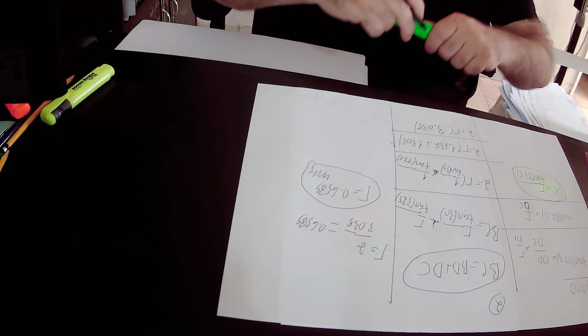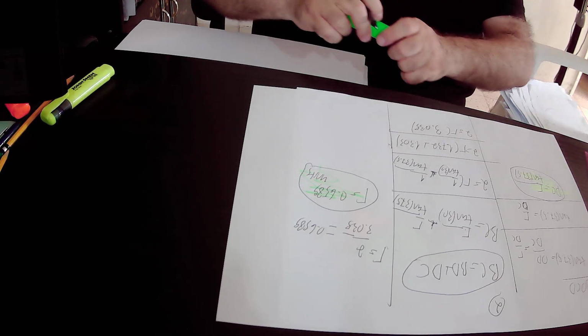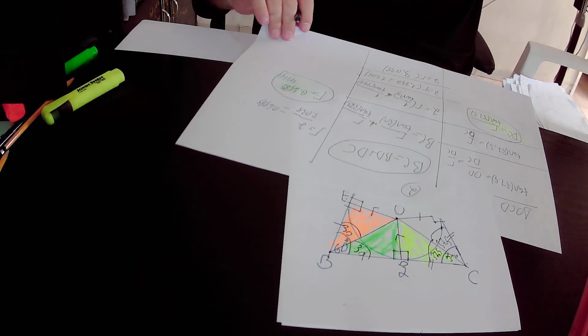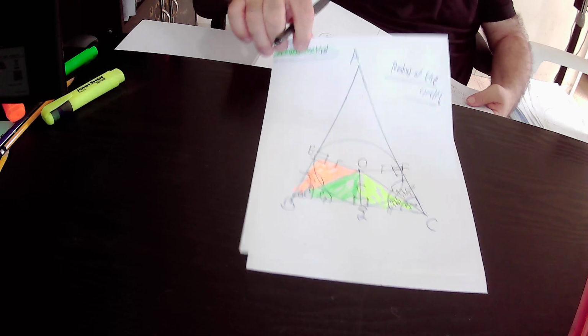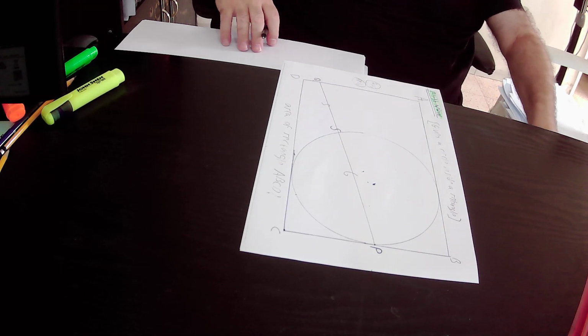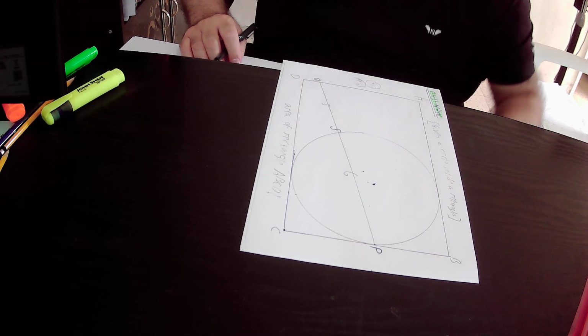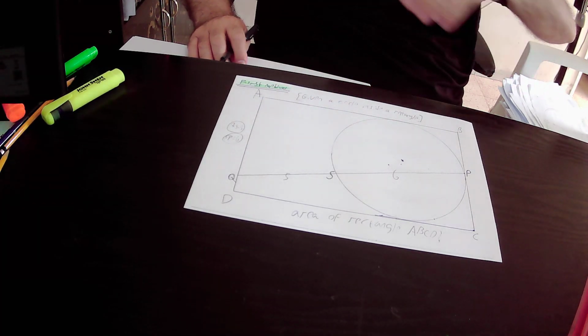In the next step, I present to you the second question and we will solve the second question in 2 different methods. So in the drawing we have rectangle ABCD.